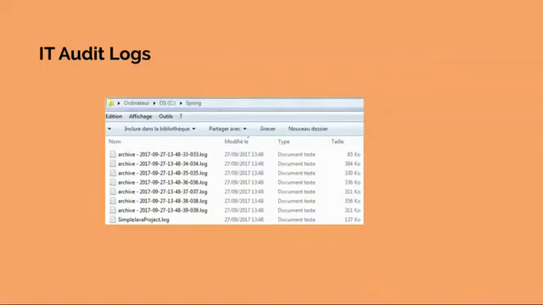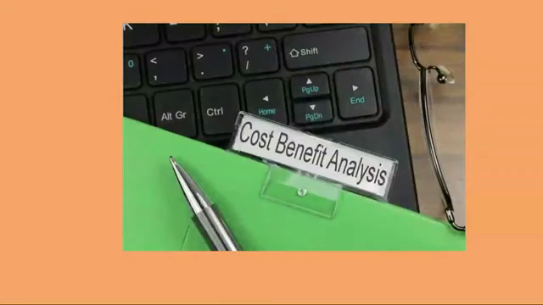The evidence collection requirement is moderated by a cost benefit analysis of how much the required evidence will cost to collect and what benefit it provides.